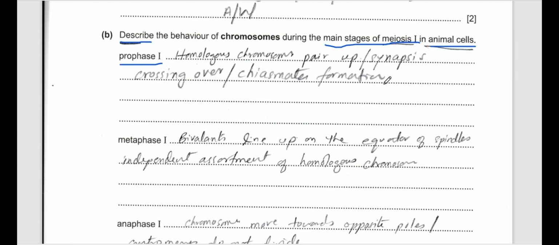Chiasmata formation takes place. You can write any of this information, but make sure it should be just related to prophase 1, because one piece of information will be enough, or in order to save yourself you can write at least 2, but make sure they should not be contradictory to each other. It should be only supportive.